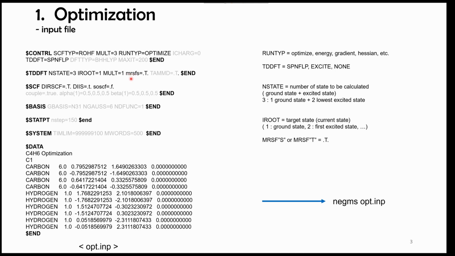I don't know whether we can do it at this moment. Just triplet or just singlet is possible. That's what I know, but I don't know whether you can do it at the same time.